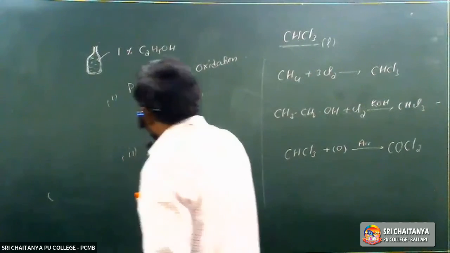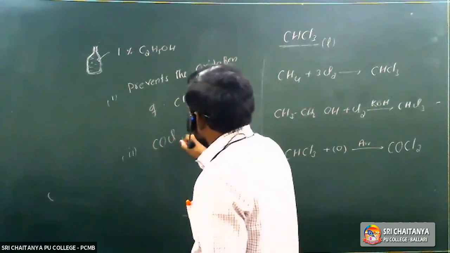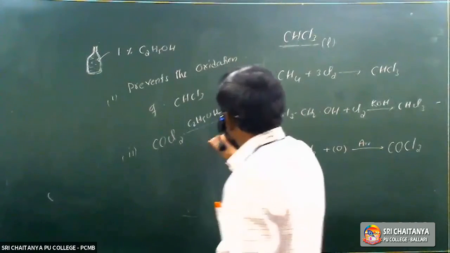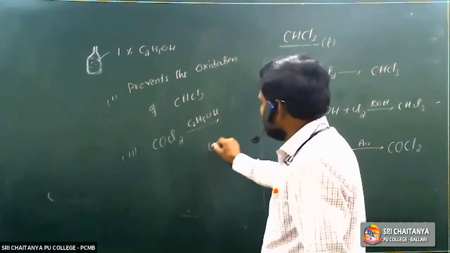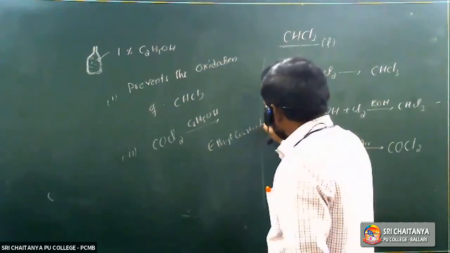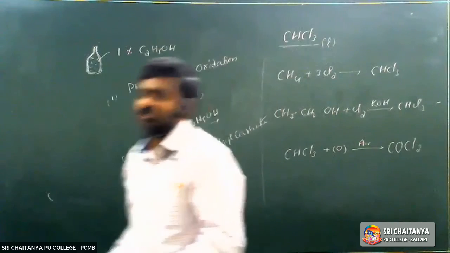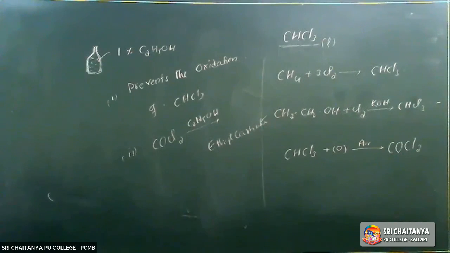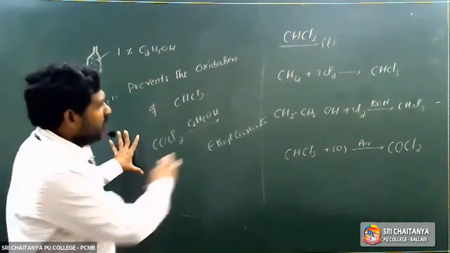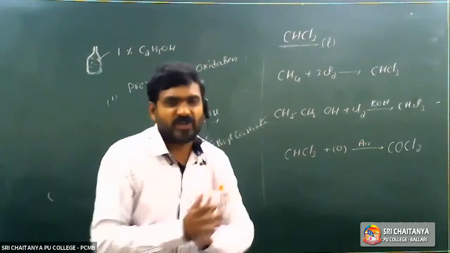The second reason is that if phosgene is formed, ethyl alcohol converts this phosgene to non-poisonous ethyl carbonate. So these two points are important.